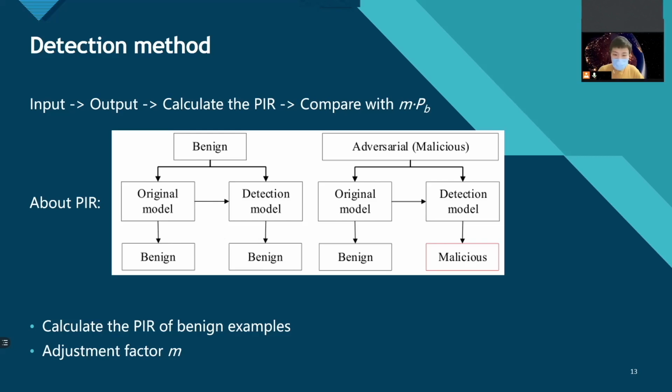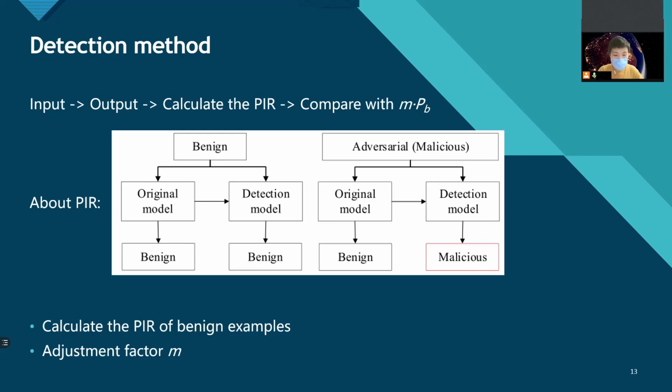When a benign example enters the original model, the prediction is benign, 0. The prediction reverses if a model in the detection model group classifies the input as malicious, 1. And the same change occurs when the input is an adversarial example. We can calculate PIR from the number of models that have reversed and find that the adversarial example is more sensitive to the model.